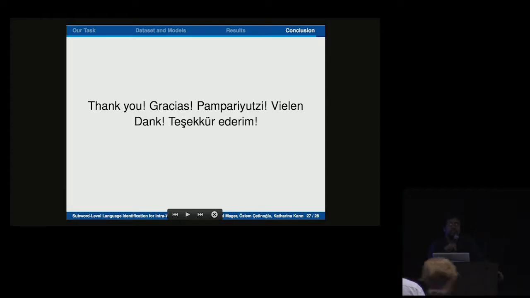Yeah, thank you for the question. The problem here is that with the datasets that are available for code switching for languages that are not so morphologically rich, we really can't find many mixed-word examples. This is a problem, and this is why we tried to study languages that have a lot of these agglutinative and polysynthetic phenomena, and we found that the rate is much higher in such languages.